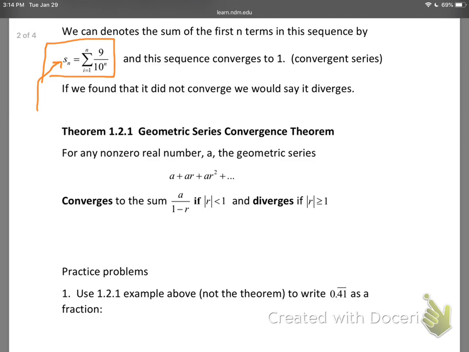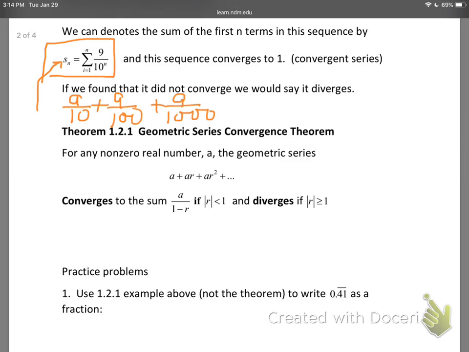So if we're going to work with this, what we're going to say is 9/10 when i is 1, 9/100 when i is 2, 9/1000 when i is 3, and so on.